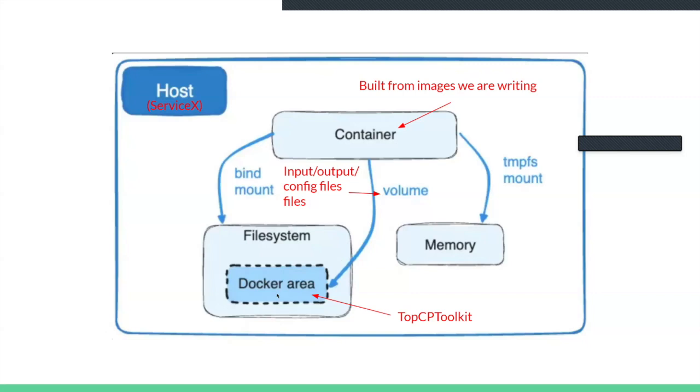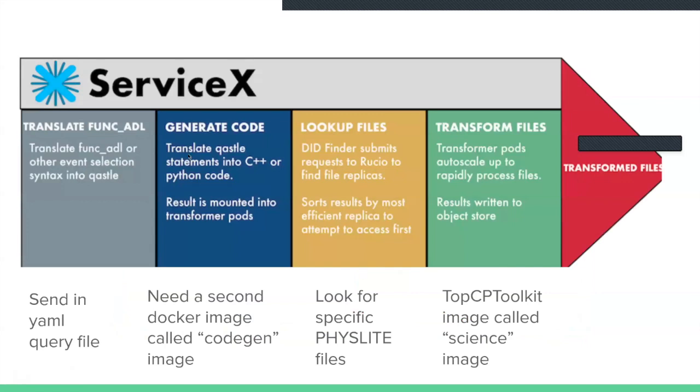And then TopCP toolkit will do its thing and then spit out the files that you want. So here's the workflow for the func ADL transformer. And underneath I basically wrote down an abridged equivalent of TopCP toolkit.